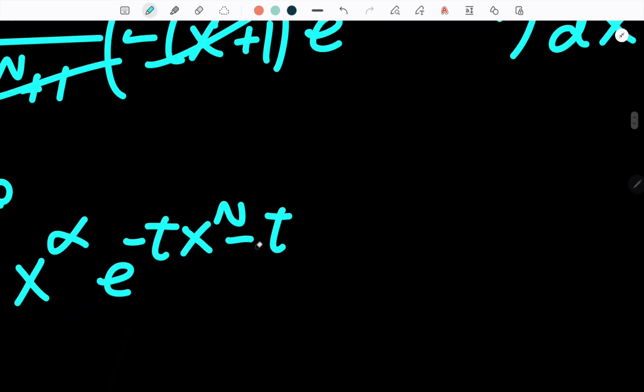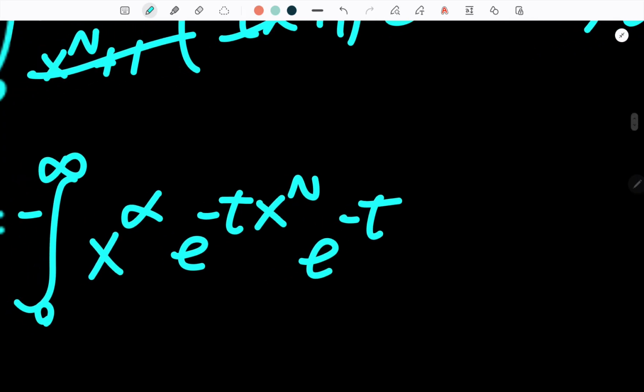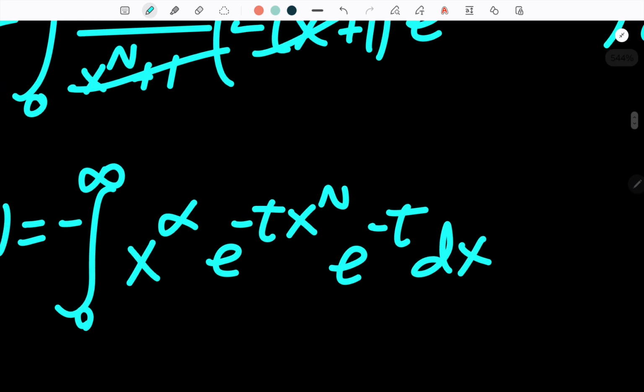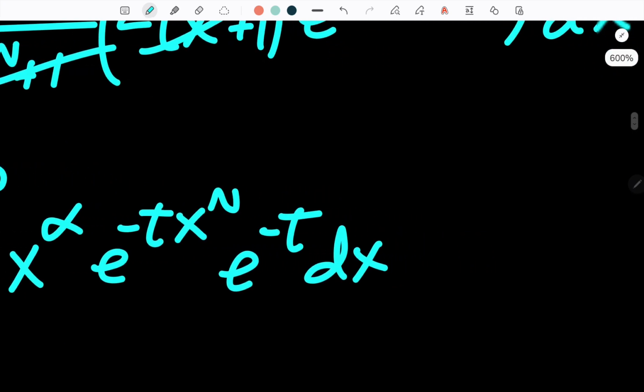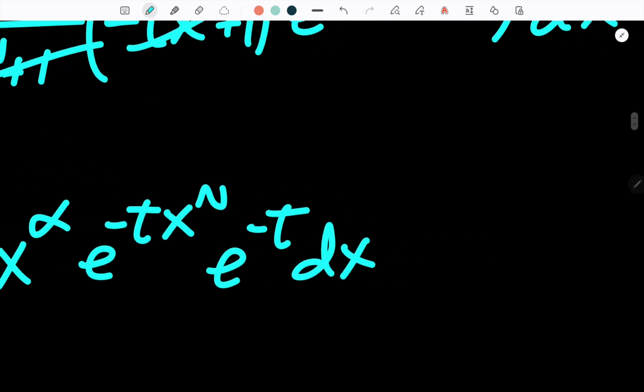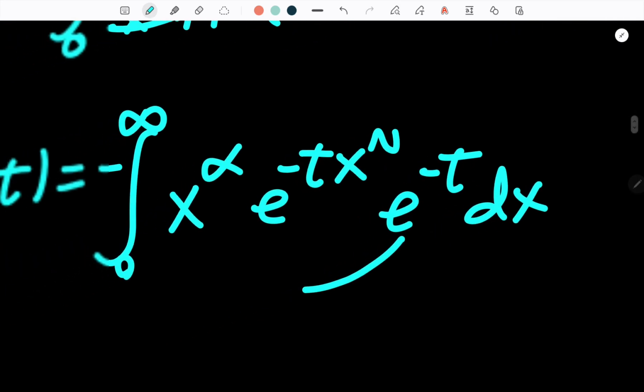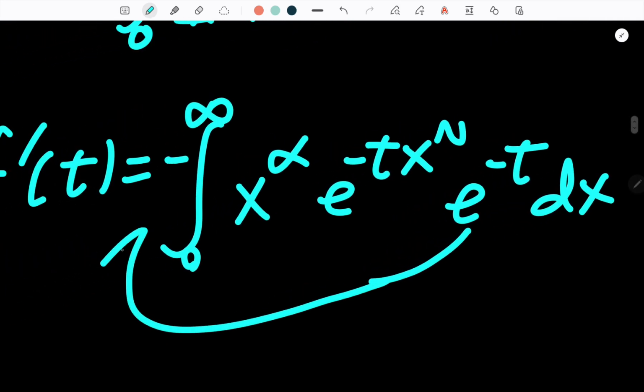Okay, and now we can just separate this into two different exponential functions, because we can just combine them again, and there we go. So we'll have an e to the negative t dx. And since t is just a constant in this case, we can just go ahead and bring this e to the negative t outside.